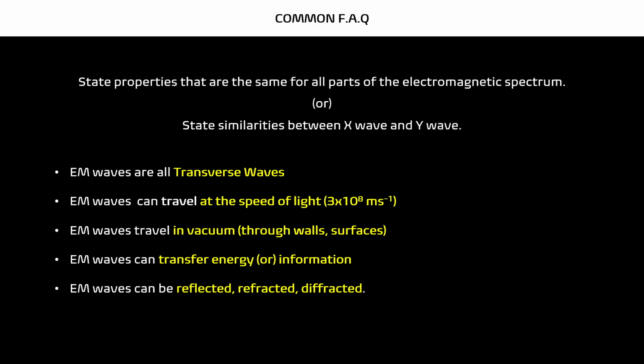Okay, so since X-rays and radio waves are both electromagnetic waves, you just write down some similar properties, which is that they are all transverse waves, they travel at the speed of light, they can travel in vacuum through walls or surfaces, they can transfer energy or information, and as all waves are, they can be reflected, refracted, and diffracted.